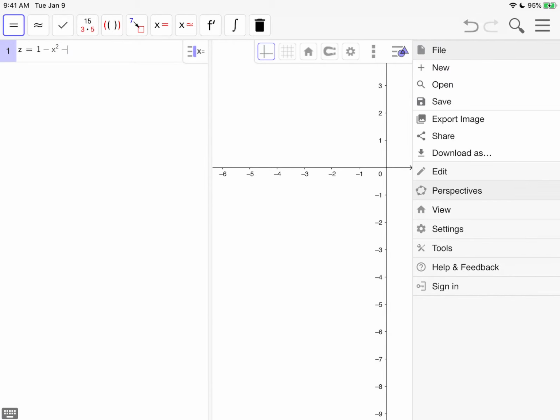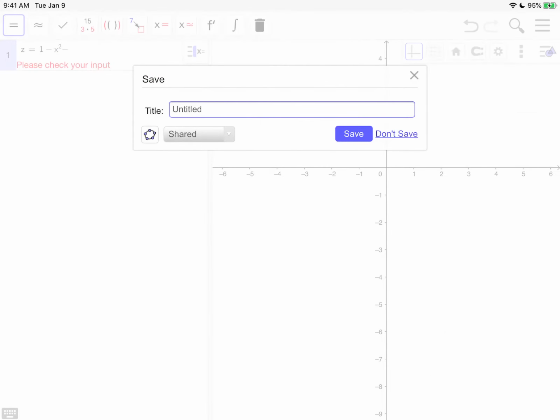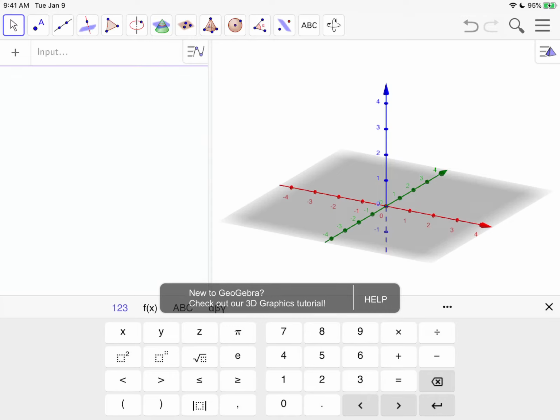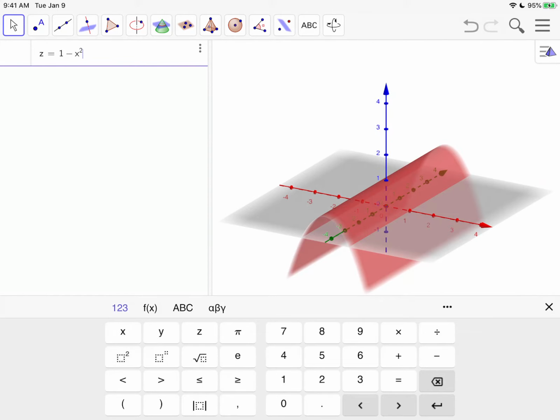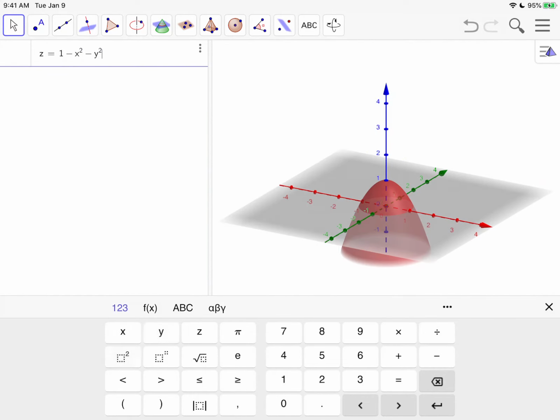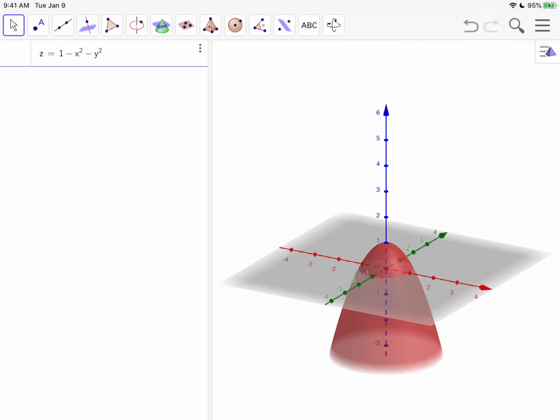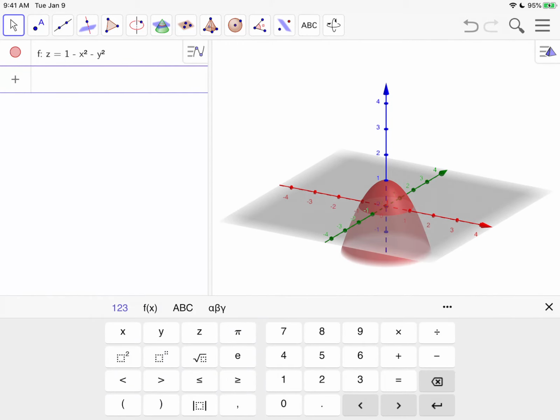Let's try again. There we go. 1 minus x squared minus y squared. So there's my paraboloid, and the plane was z equals 1 minus y.